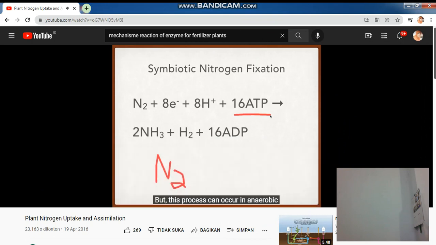But this process can occur in anaerobic root nodules, which are formed through the symbiosis of plant roots with bacteria. The plants in the family Fabaceae do this with bacteria, a number of genera, including the genus Rhizobium, and the alder trees also do this. So another significant source of nitrogen for plants.